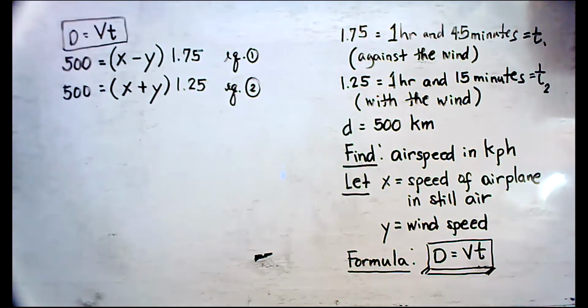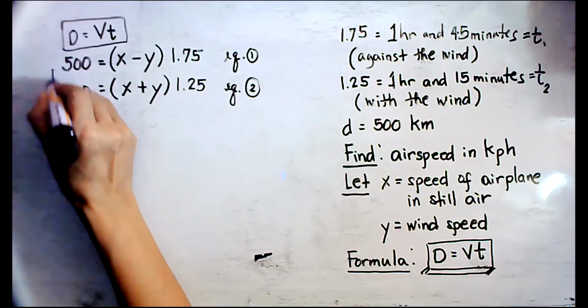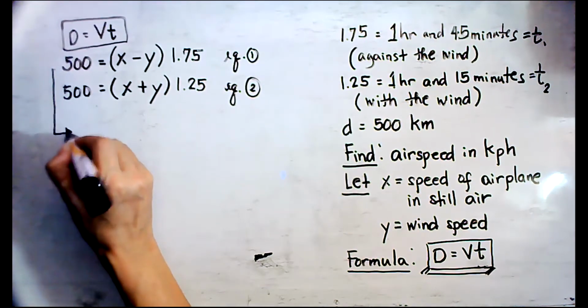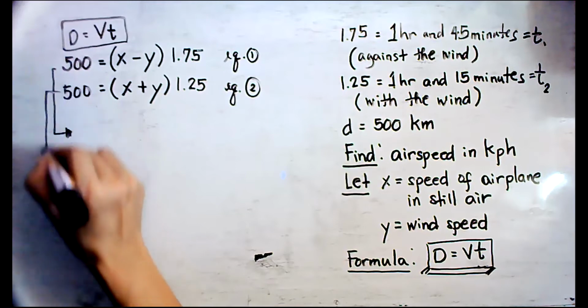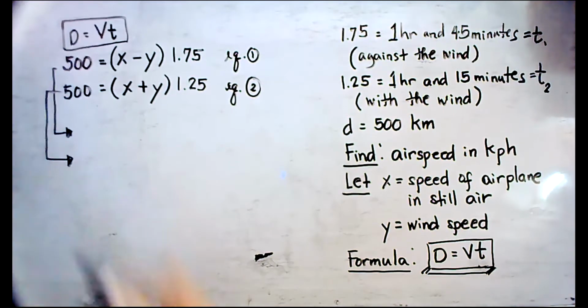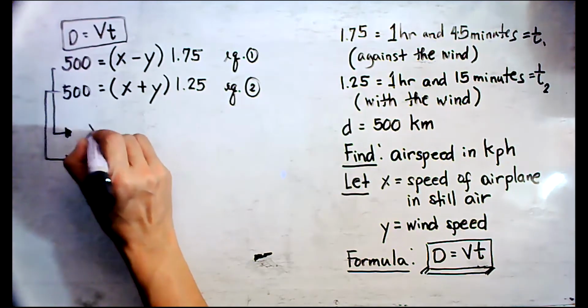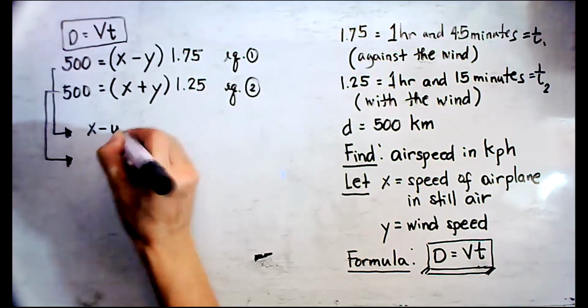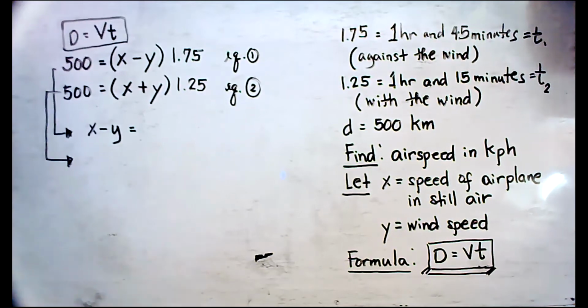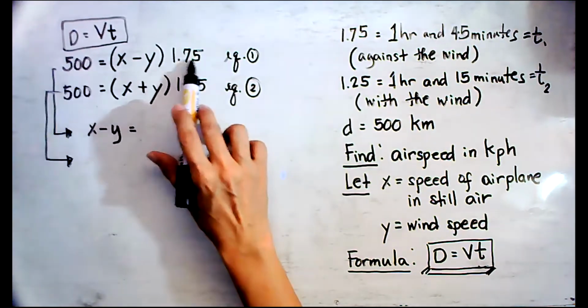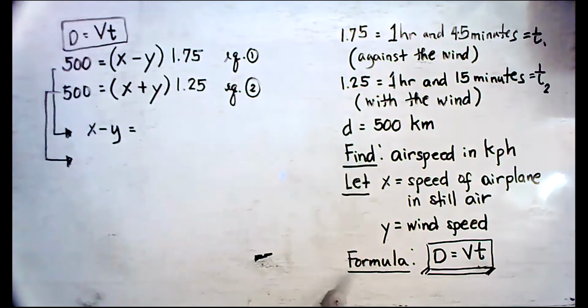So from here, you will be able to create two equations to solve for two unknowns. So this would become x minus y is equals to 500 divided by 1.75.